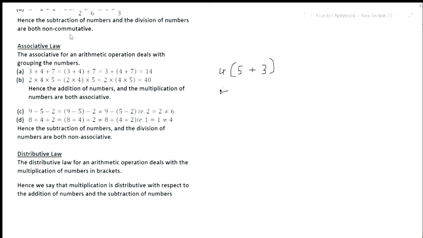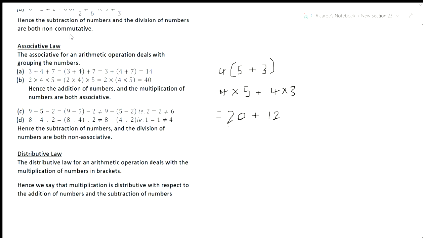4 times 5 plus 4 times 3. Okay, so this is going to be 4 5s, that's 20, so this will be equal to 20 plus 3 4s, that are 4 3s, that's 12.